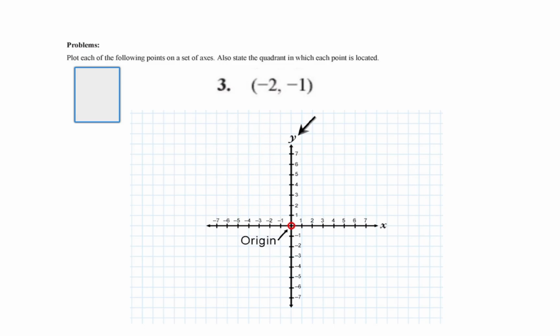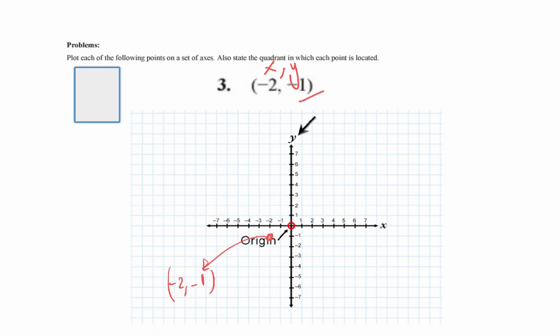Minus 2, minus 1. Well, you walk minus 2 in the x direction, so you are here. And now you walk in the y direction, minus 1. The x and the y. Minus 1, so you are here. So this is the point minus 2, minus 1.